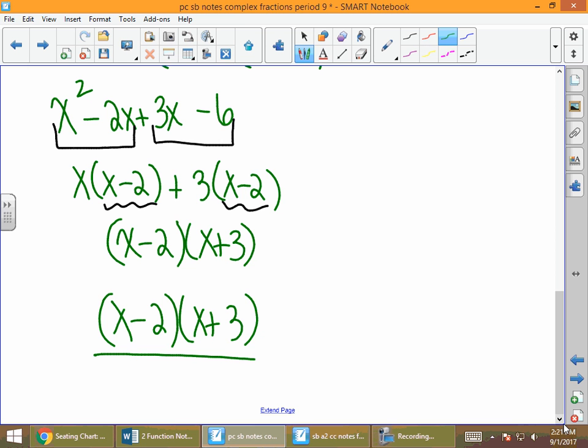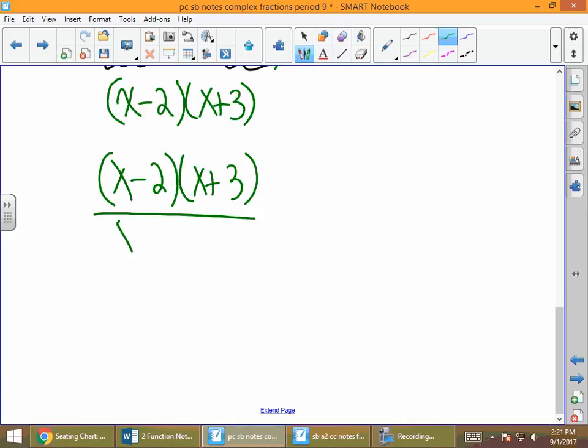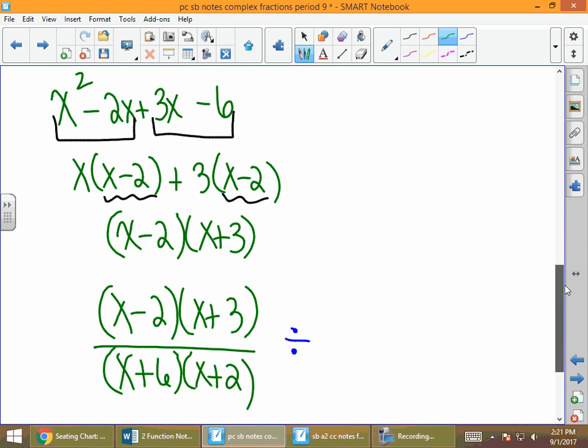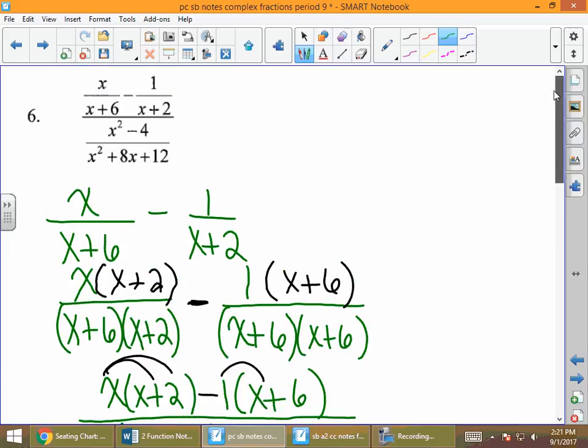In our denominator, we have x plus 6 and x plus 2. And eventually here, what we're going to do is divide. So I'm going to scroll back up to the very top here and see if I've got enough space.